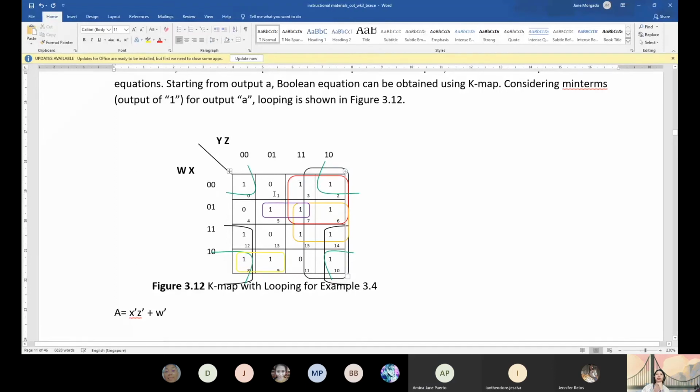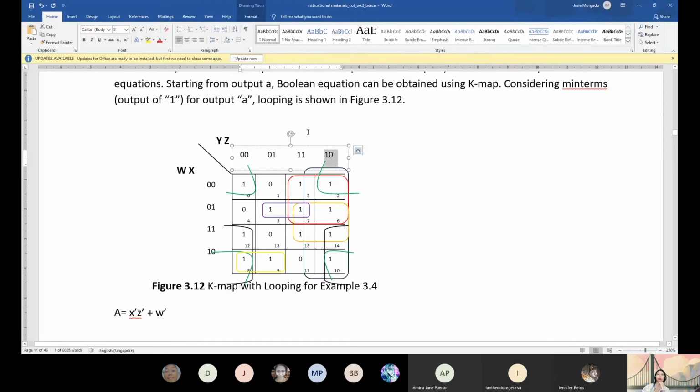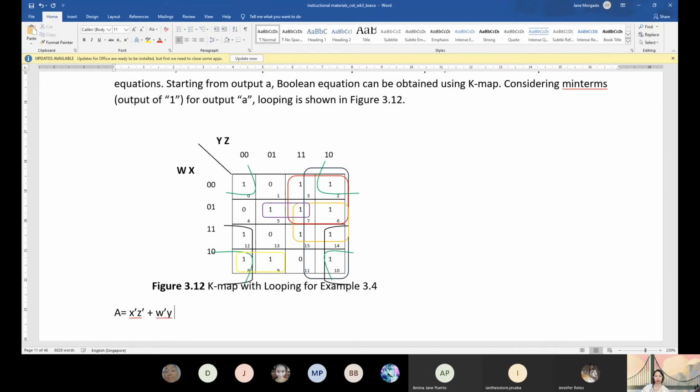With respect to YZ, we have 1, 1 and 1, 0. For Z, 1, 0. Eliminated. And for Y, 1, 1. Y. Plus.